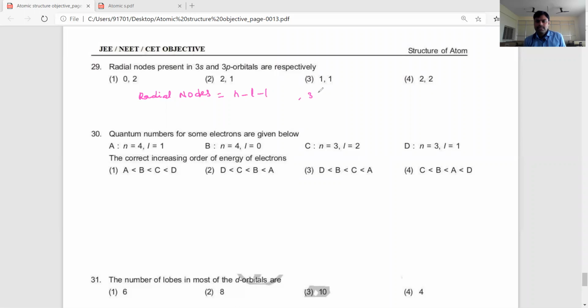Now for 3s, n is equal to 3, l is equal to 0. Then the radial nodes for 3s is equal to 3 minus 0 minus 1 is equal to 2. And for 3p, n is equal to 3, l is equal to 1. Then the radial nodes for 3p is equal to 3 minus 1 minus 1 is equal to 1. So the answer is 2 comma 1, meaning the second option is correct.